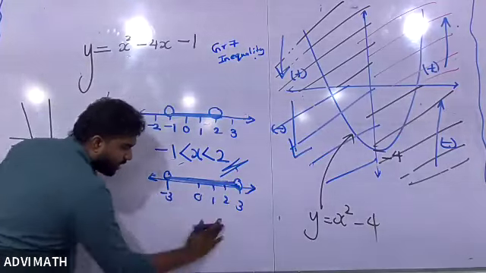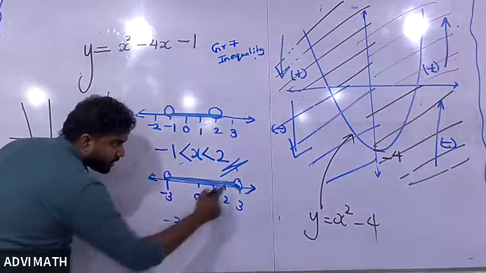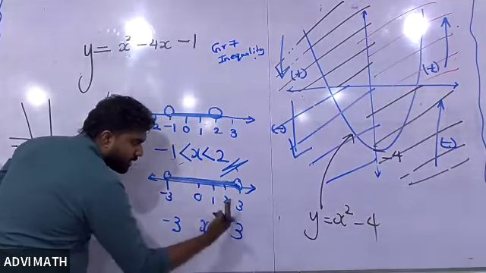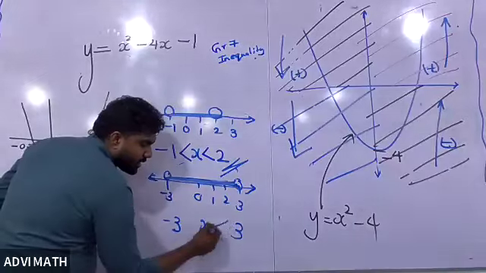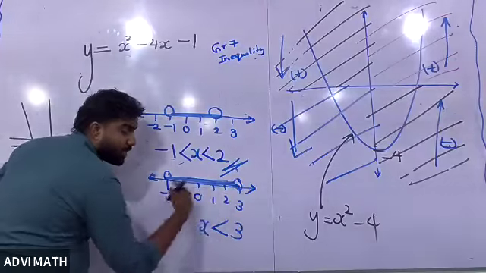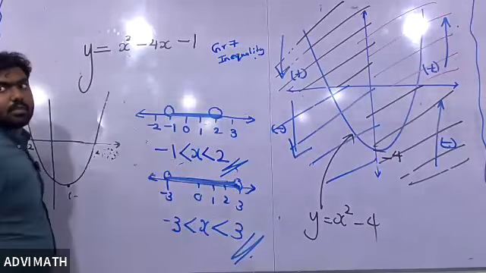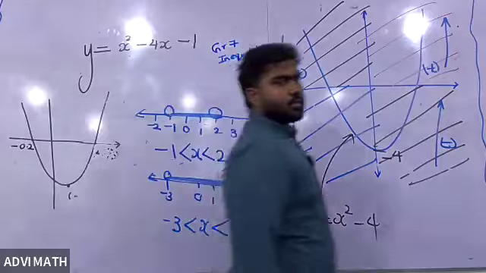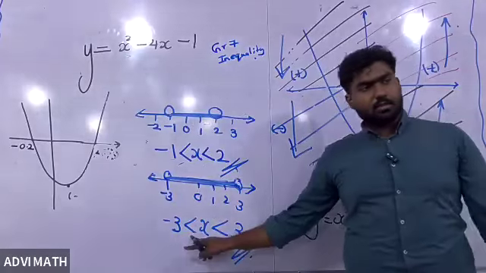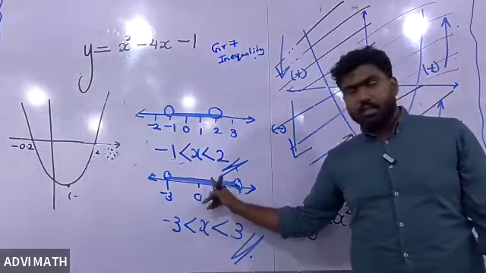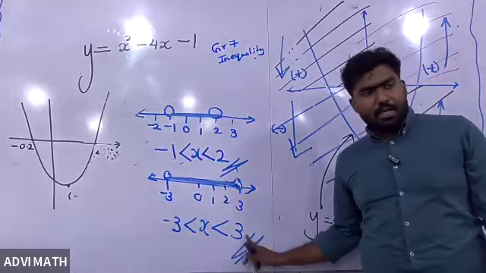Now how do I write? First of all, I write -3. Then I write 3. I write x. This side is greater than or less than? Less than. This side is greater than or less than? Greater, and x is greater than -3. Is that right? X is less than -3.